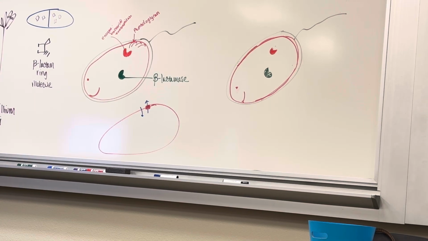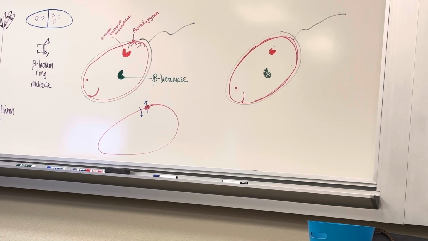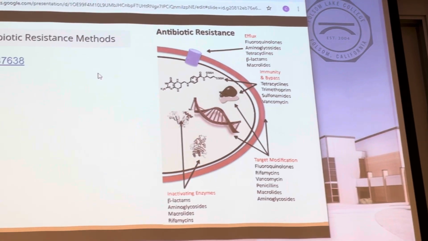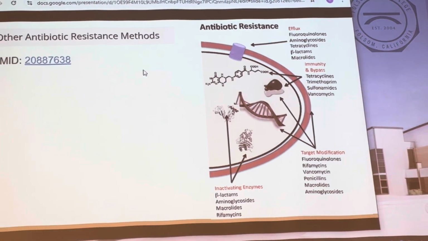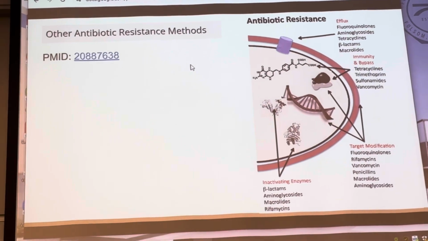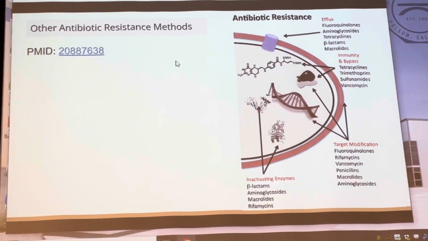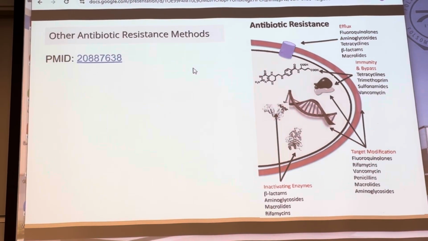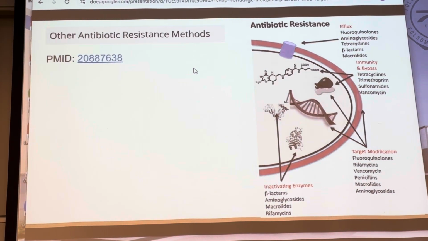Immunity and bypass. I'll have you guys read about what immunity and bypass means. Let me talk about the other ones first. So target modification is when, let's draw another example of a bacterium. And here is a 70S ribosome.